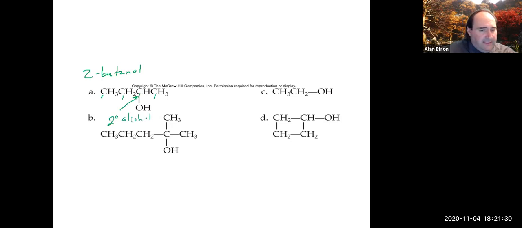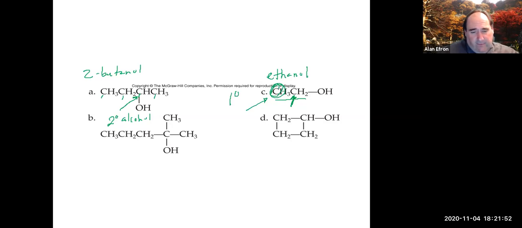Again, that carbon's attached to 2 other carbons. This is going to be 2 carbons with an OH group. That is going to be our ethanol, like we saw earlier. This is the carbon that is attached to the OH group. It is attached to 1 other carbon. This would then be a primary alcohol in this particular case.